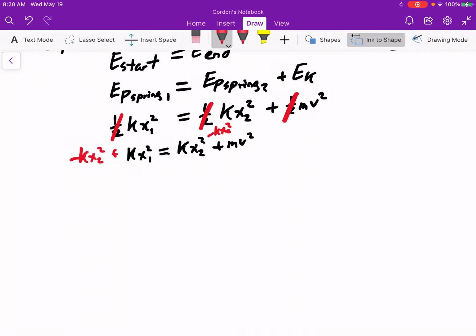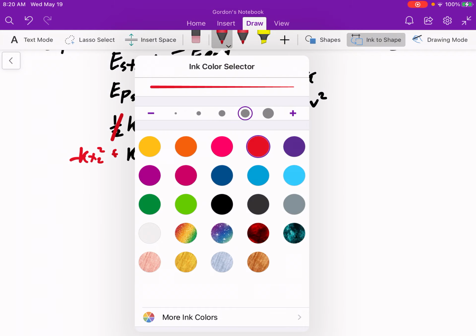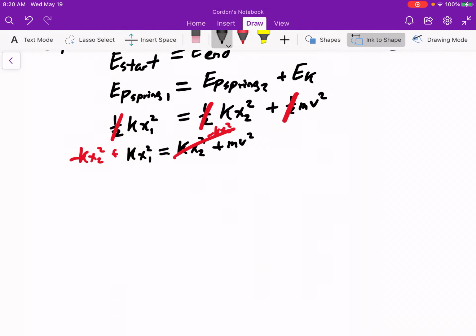We'll just add that over there. It cancels out here. If we want, we can factor out this k, x1 squared minus x2 squared. Kind of rearranged things a little bit here just to make things a little bit cleaner. We factored out that k and then kind of changed the order of them.